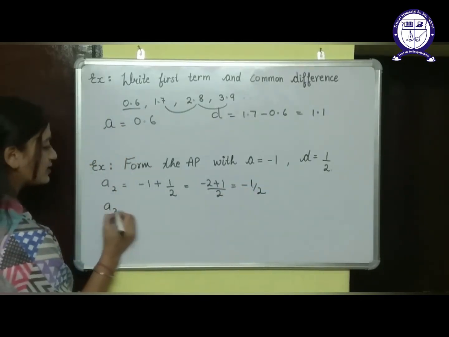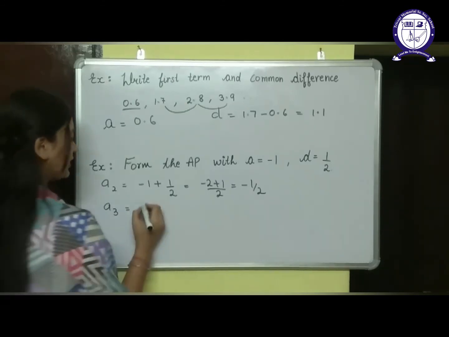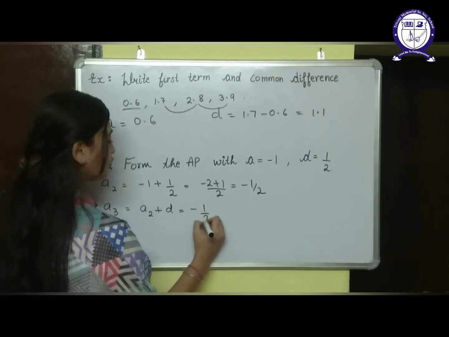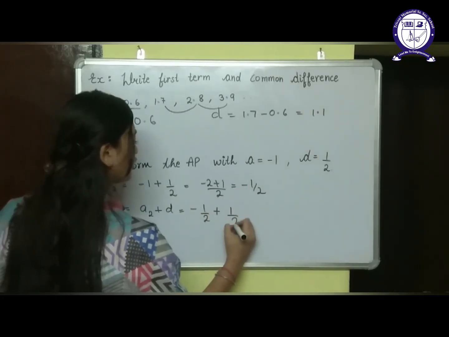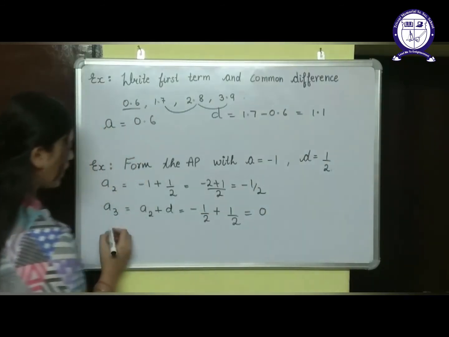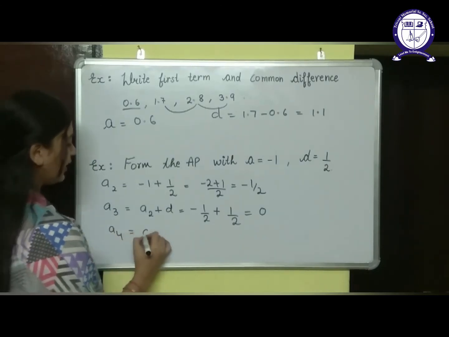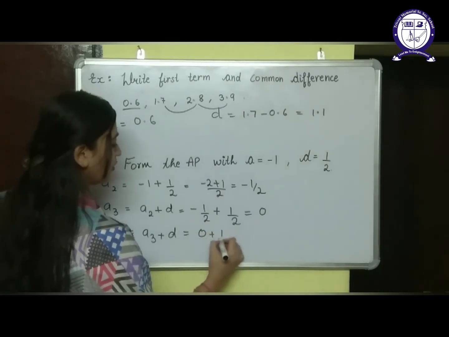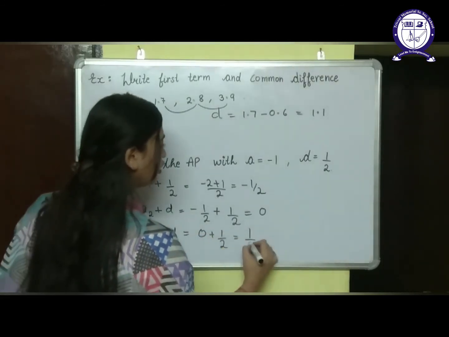Now A3 is A2 plus D. That is minus 1 upon 2 plus 1 upon 2. This is my 0. And A4 will be A3 plus D. That is 0 plus 1 upon 2. That is 1 upon 2.